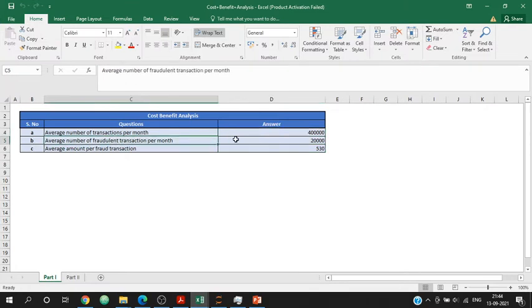These are the total number of transactions per month, which range around 4 lakh, and the average number of fraud transactions per month is around 2,000, sorry, 20,000. This is the average amount per fraud transaction, about 500 or 530 rupees.